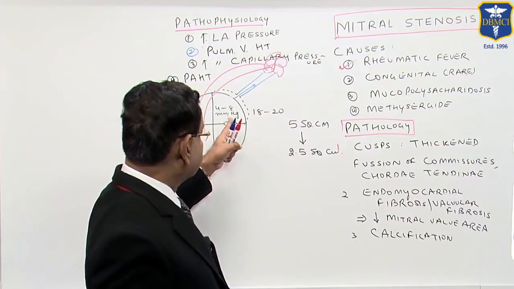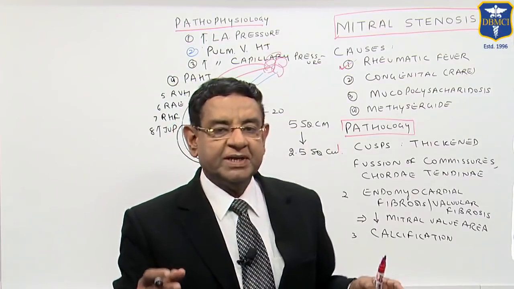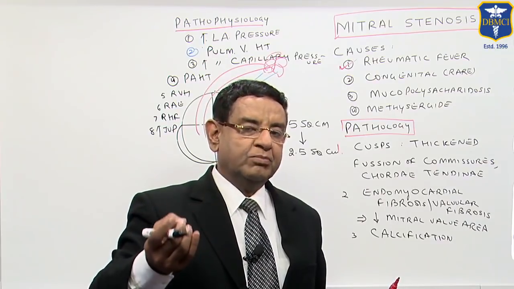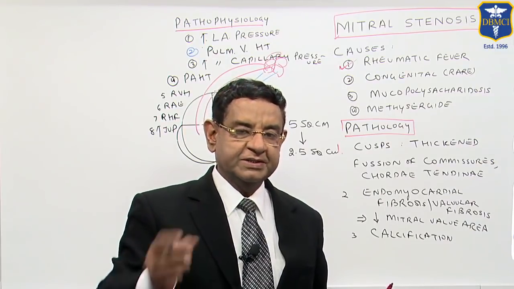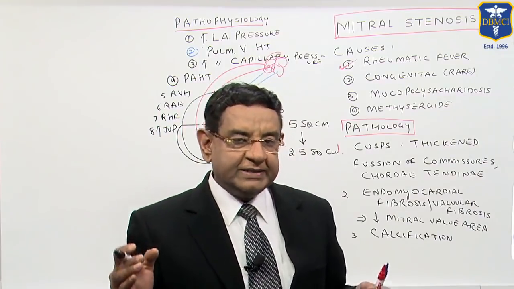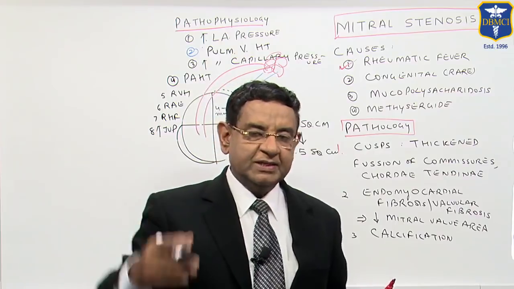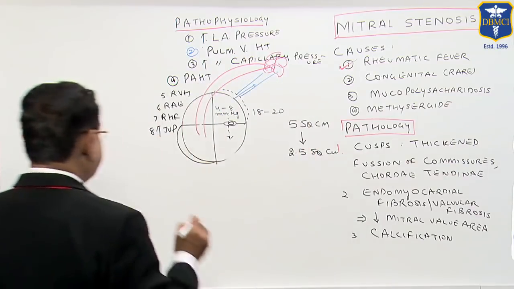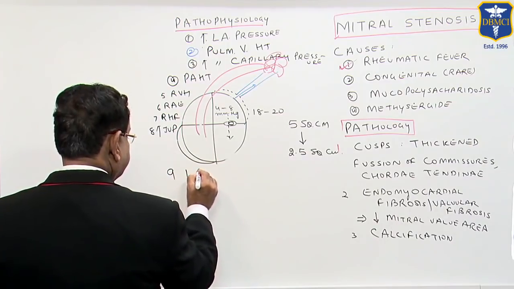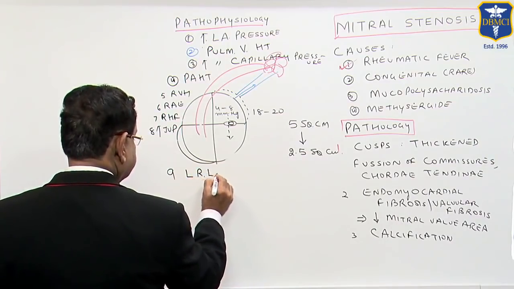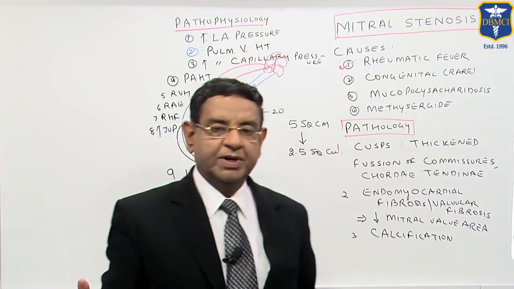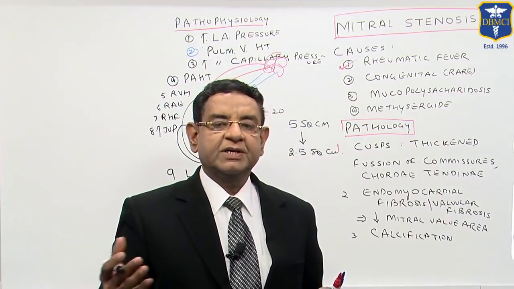LA is the highest chamber in the heart, and LA is also the posterior most chamber of the heart. This is the peculiarity of the normal LA. So as LA is getting enlarged, behind it goes the left recurrent laryngeal nerve. So it gets pressed because of the enlarged LA.